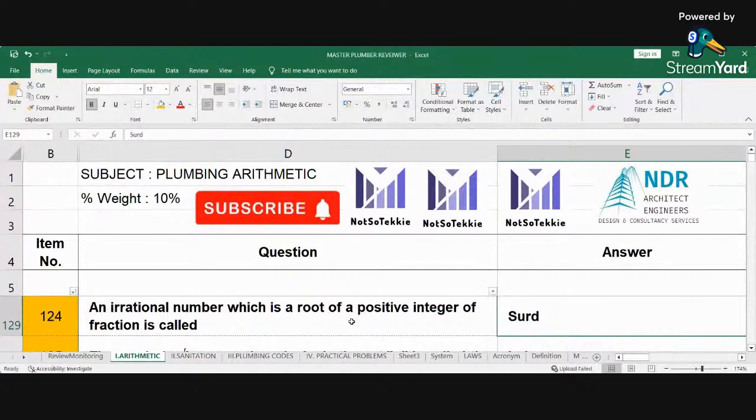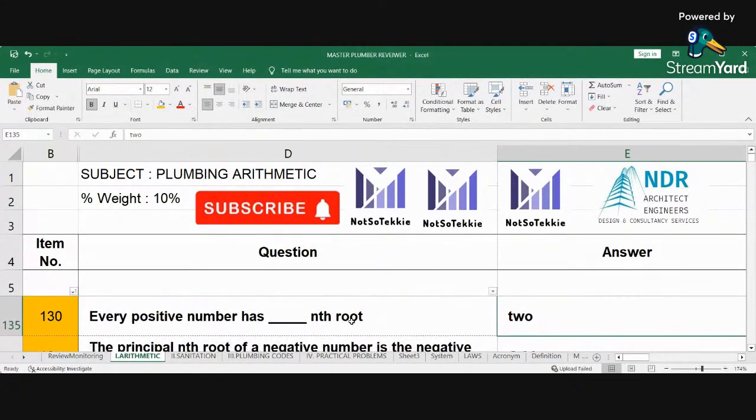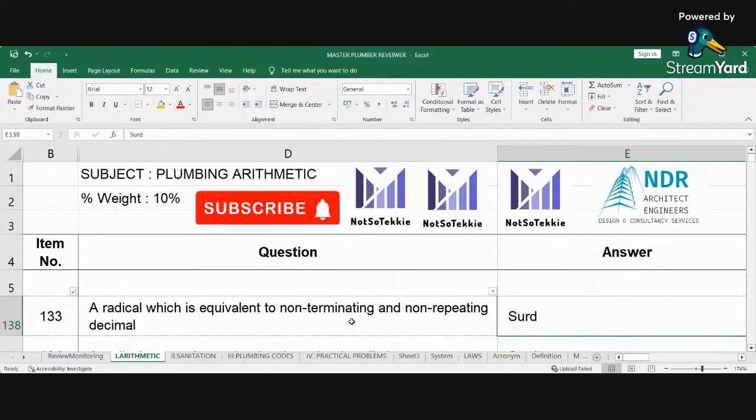The third is an irrational number which is a root of a positive integer or a fraction is called third. Ito naman tayo sa 132. To eliminate a third, multiply it by its conjugate.